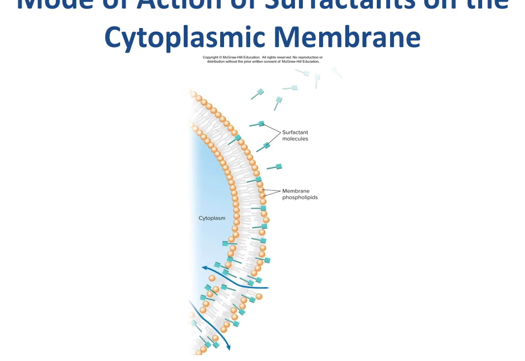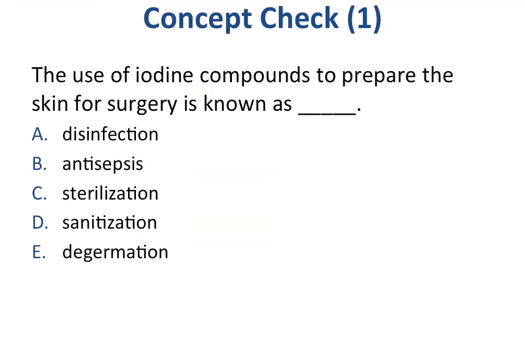Okay, the same thing. Once detergent is used for sterilization, it can bind to the plasma membrane and destroy it, causing the leaking of this membrane.